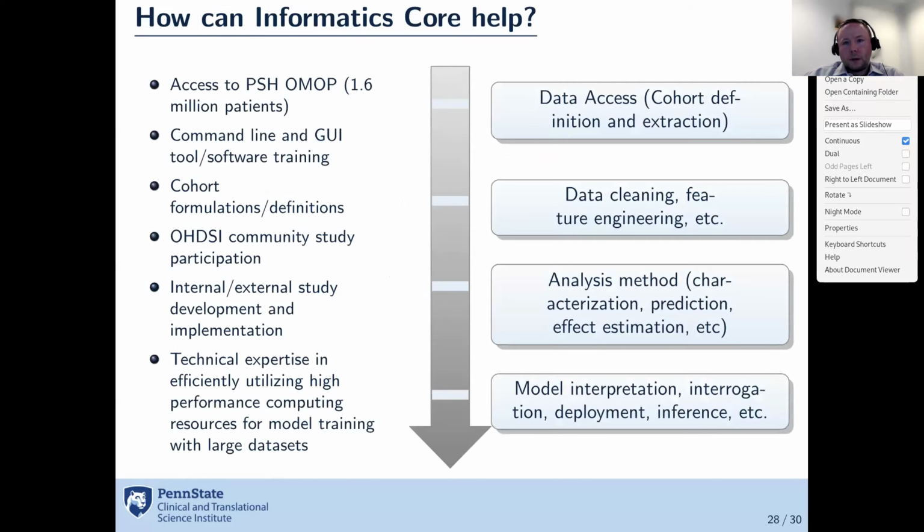So we saw some example studies that the CTSI Informatics Core is currently focused on.